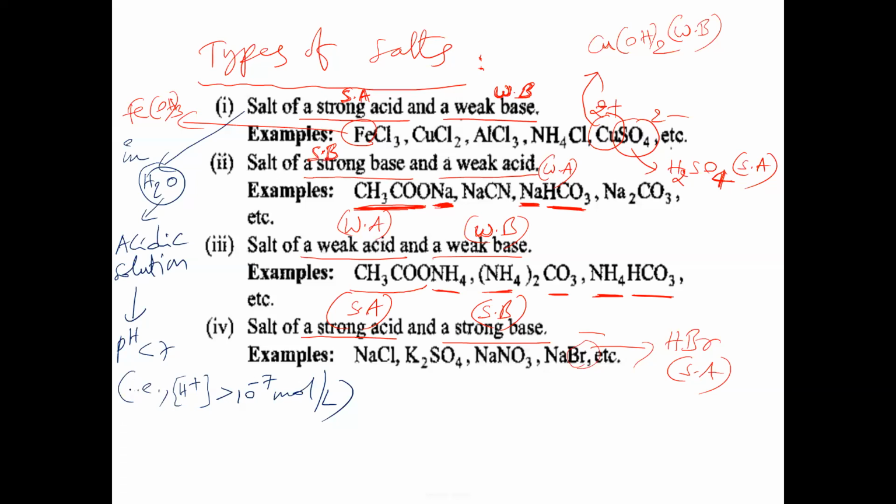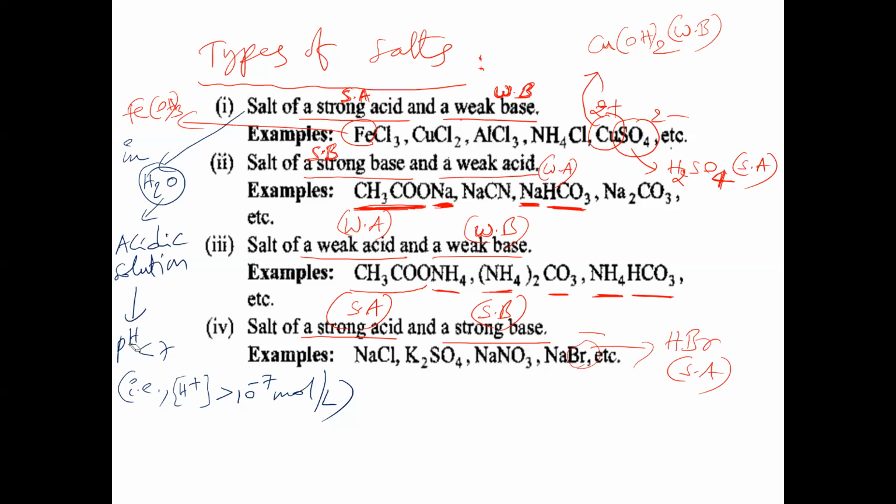So understood the concept here. The first type of salt, of a strong acid and a weak base, when dissolved in water, gives an acidic solution. Why? It comes from a strong acid and a weak base, na?